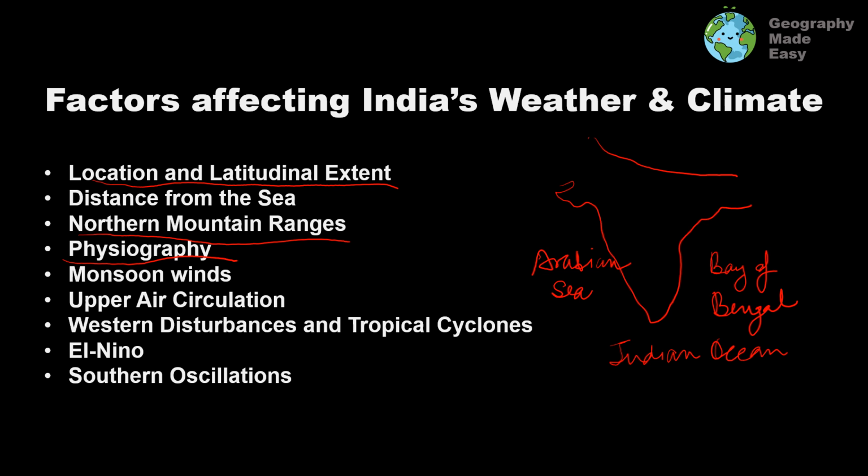Let us take the example of the Thar Desert. The Thar Desert is very dry, and it lies somewhere here. The desert area usually experiences low pressure in the summers, and the winds do not bring in a lot of moisture into this area, hence they are hot and dry.